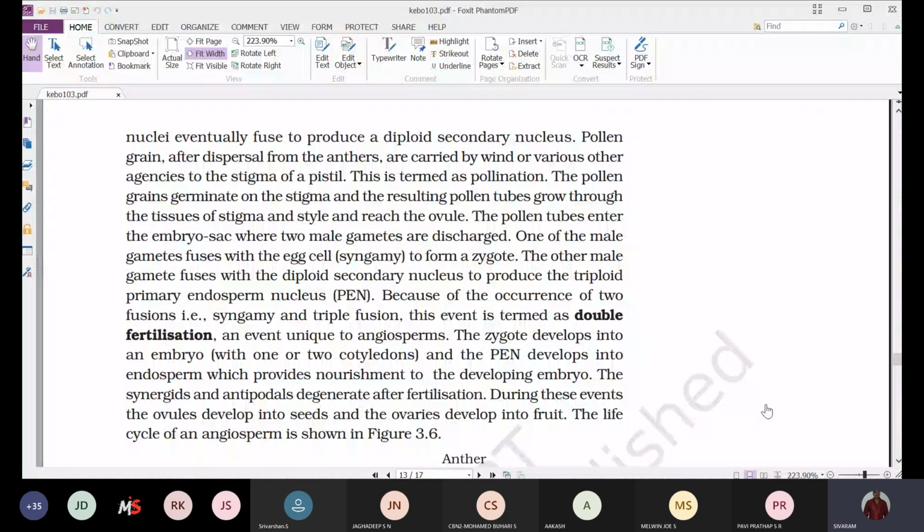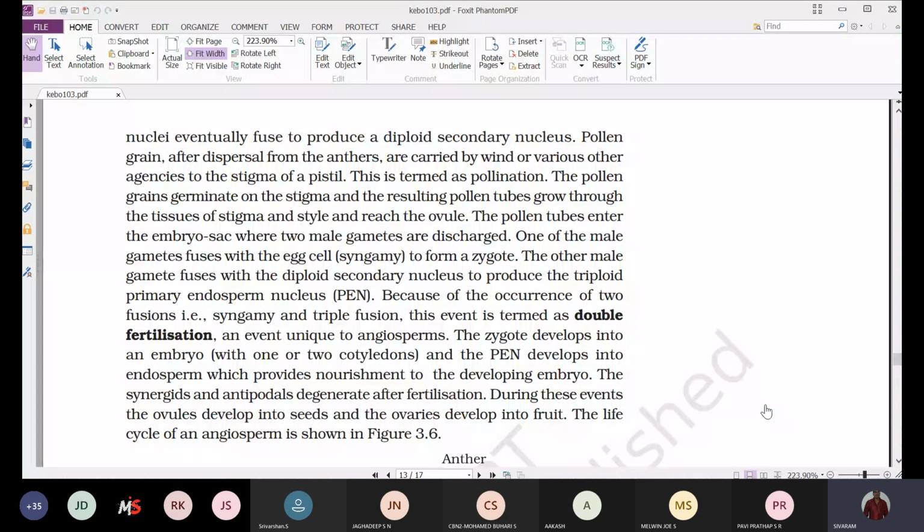Remember very clearly, this is the very unique feature in angiosperms, which is not observed in any other groups of plants, only in angiosperms, whether it is a dicotyledon plant or a monocotyledon plant. That is double fertilization. Double fertilization is the unique feature observed in angiosperms, and it is not observed in any other group of plants.